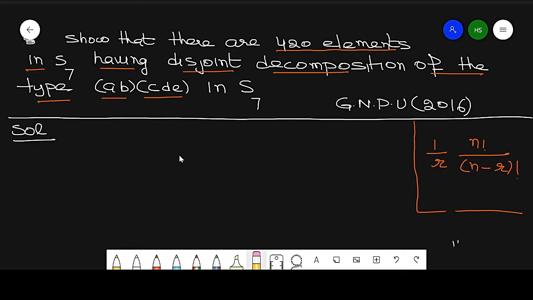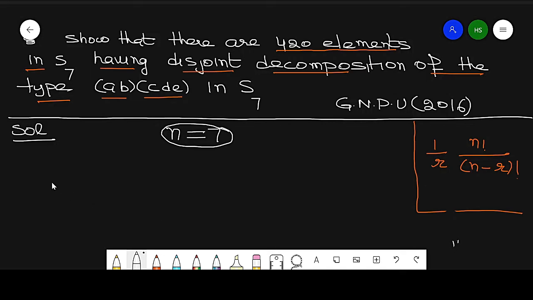So here n is equal to 7. Remember that. It has a disjoint decomposition of the type AB, a cycle of length 2, and CDE, a cycle of length 3. So first find the number of distinct cycles of length 2.